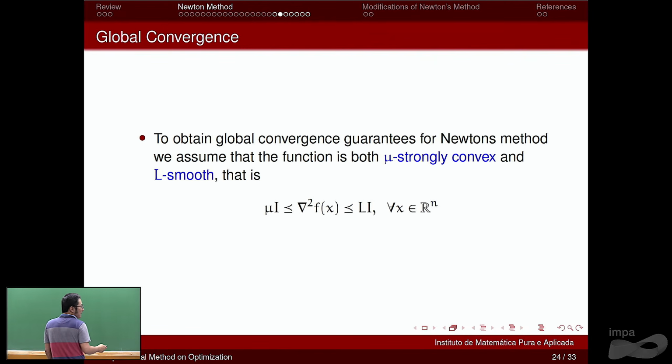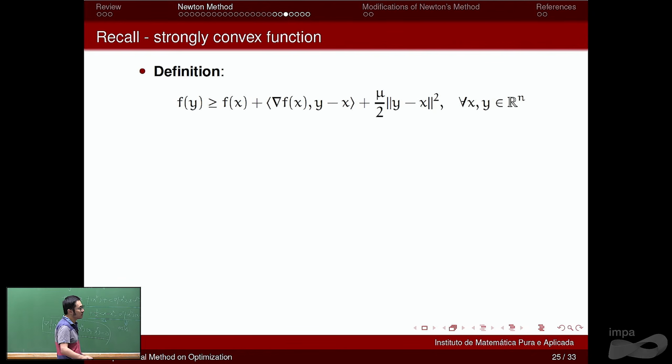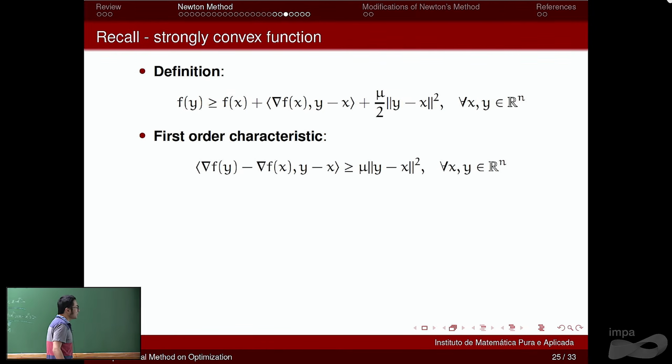Before we go to the proof, let's review a little bit what a strongly convex function is. This is a definition. Of course, we need to assume f is differentiable. If f is not differentiable, if f is just convex, you can substitute the gradient by the subgradient. So the first order characterization is this, which means your gradient or your subgradient is a strongly monotone operator.